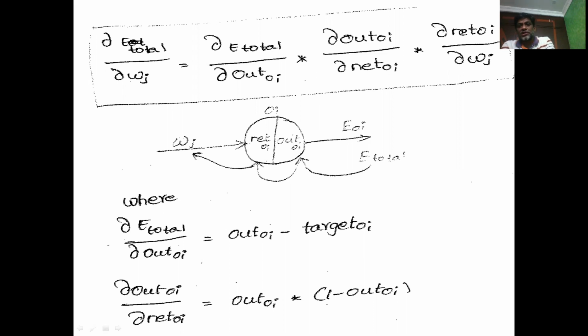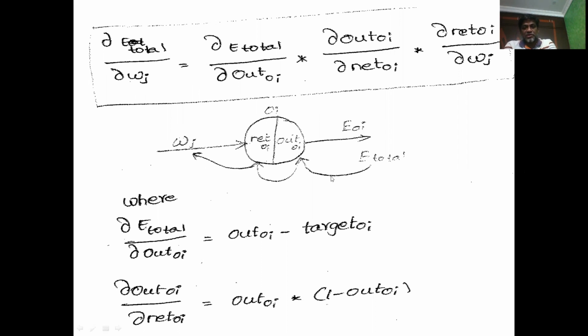This is how the formula goes. We calculate dou E total by dou Wj. Once you calculate this, you can use this value to update Wj. So to update Wj, you need to calculate dou E total by dou Wj using the formula.